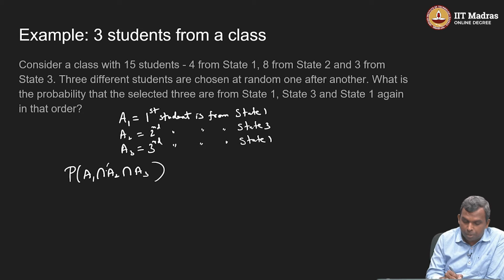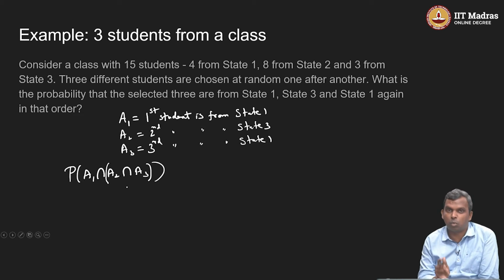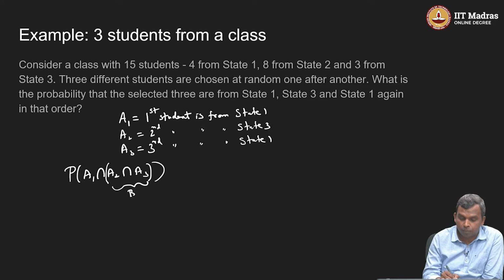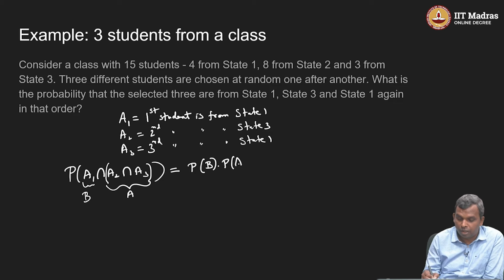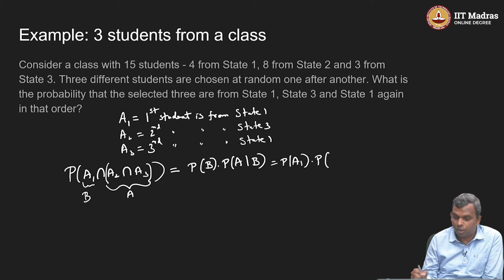Let me put a bracket here and think of A2 intersect A3 as one event. This is my B, and this is my A. I want to write this as probability of B times probability of A given B. Now B is A1, so probability of A1 times probability of A2 intersect A3 given A1.